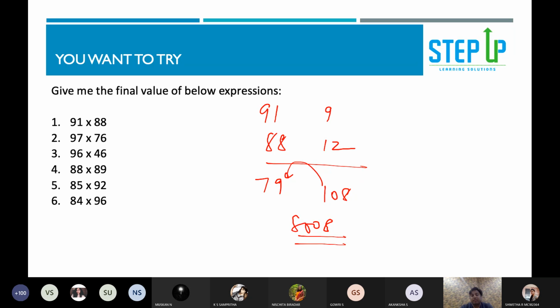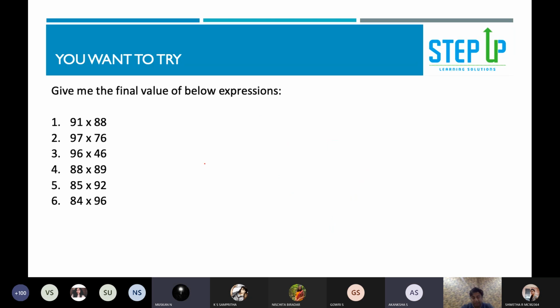Yes, sir. I have one doubt. Yeah, please go on. Here we subtracted 88 and 9, but in the previous sum we subtracted 93 and 5. Why? It doesn't matter. See, whichever we find easy, we take that calculation. Here 91 minus 12 or 88 minus 9: I found 88 minus 9 easier than 91 minus 12, so I get my answer 79.